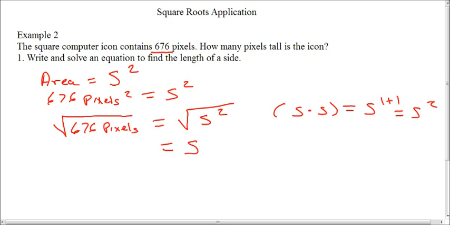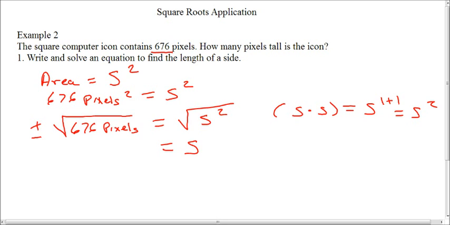And by the way, we want the positive and negative square root here. So take a look at your perfect squares and see what you can find there, whether the square root is there, and if not, which two integers it's in between.